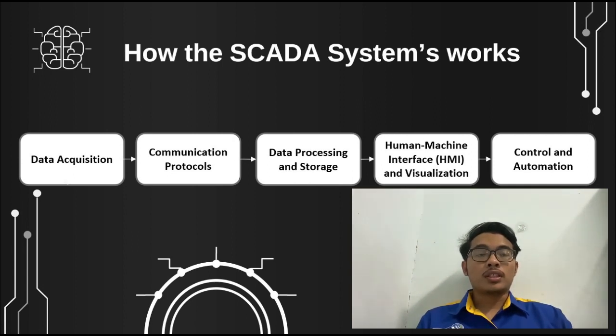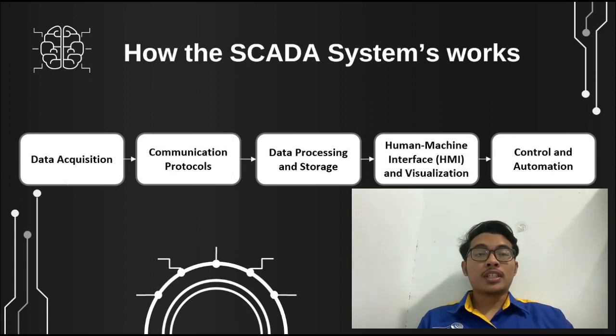RTU acts as intermediary between sensors and the central SCADA system. They aggregate, pre-process, and transmit the collected data using communication protocol. SCADA system uses communication networks such as internet, radio, and satellite connection to communicate with RTU and receive data.